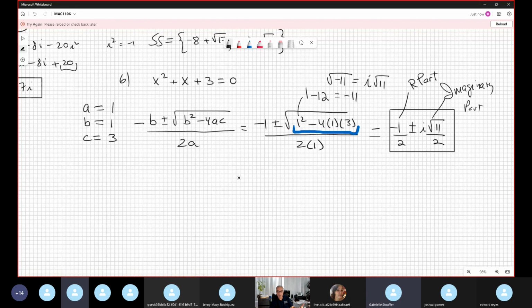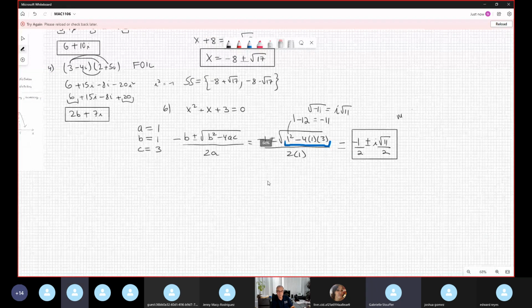So you write it that way, separately, real part and imaginary part. Therefore, you split the common denominator. Equation number 6.